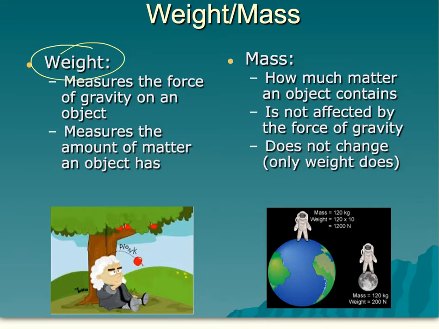And mass is how much matter that object contains, and it is not affected by the force of gravity. So it does not change if I travel to the moon. The moon's gravitational pull is about 1/6 that of Earth. So if I were to travel to the moon, I would weigh about 1/6 of my weight, but my mass would remain the same.